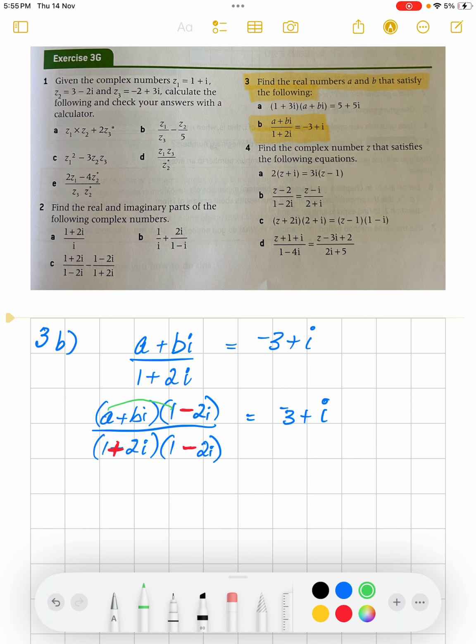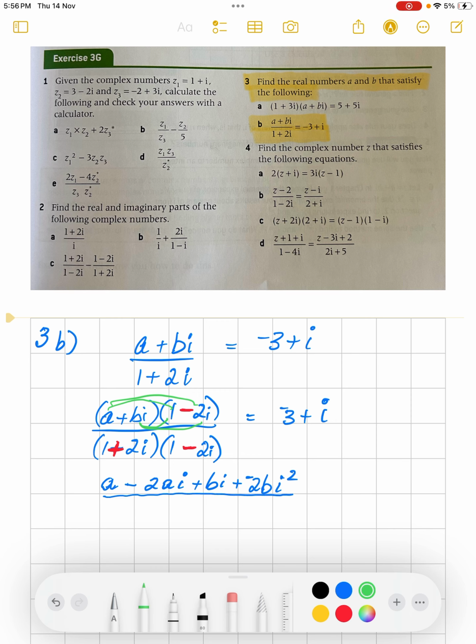So we've got a, we've got minus 2ai, we've got bi times 1, so that's just bi. And we've got bi times negative 2i, so it's negative 2bi squared.